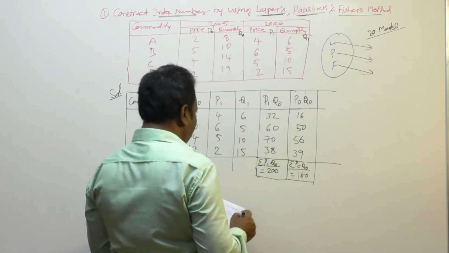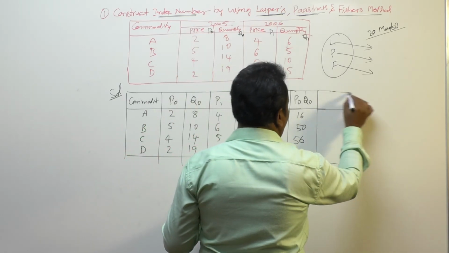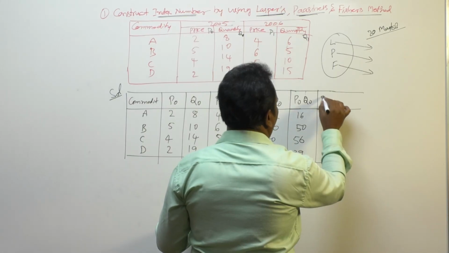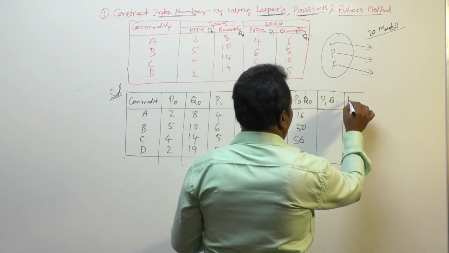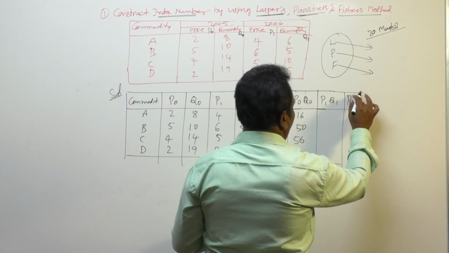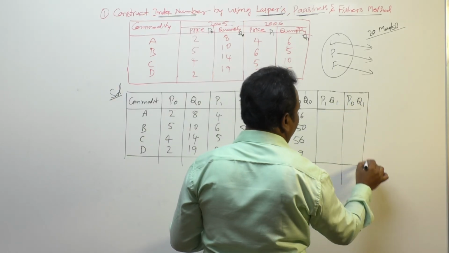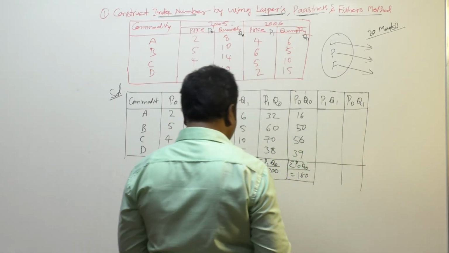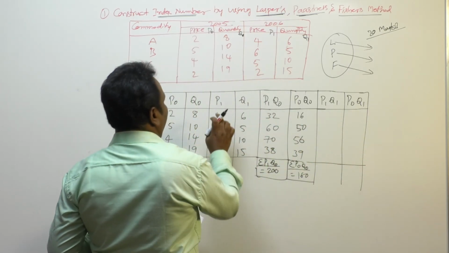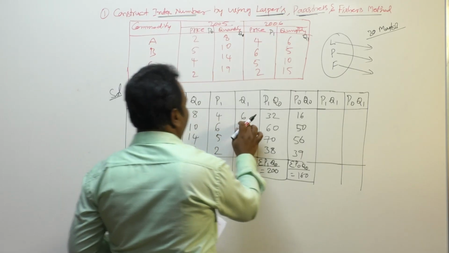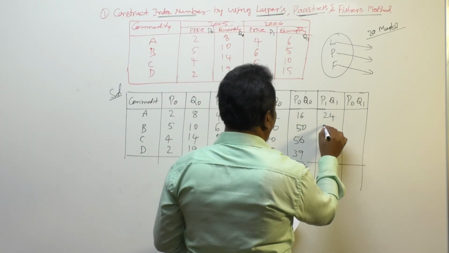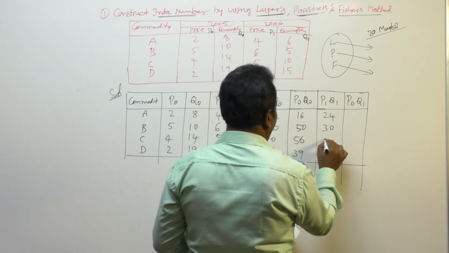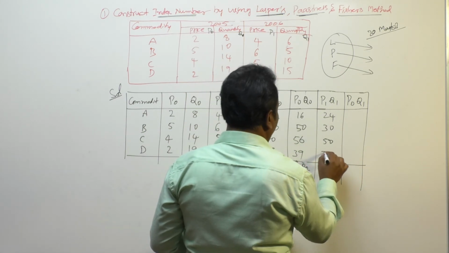Now P1 Q1 is required, and after that P0 Q1. P1 Q1: 4 into 6 is 24, 6 into 5 is 30, 5 into 10 is 50, 2 into 15 is 30.